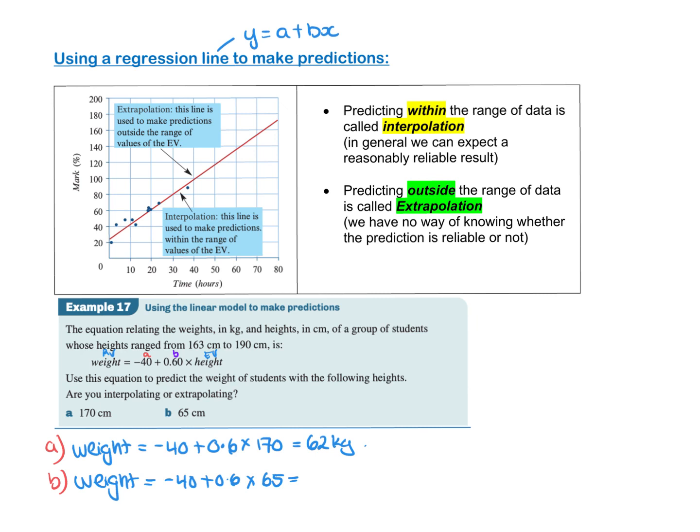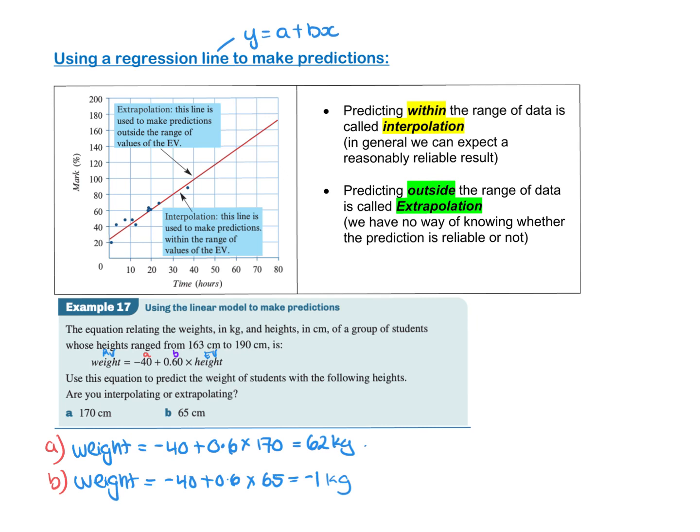We popped that in, and we got, oh, what did we get? Yeah, we got -1. So we're going to write -1 kilograms. Now, that does not make sense in terms of our data, does it? We don't have a negative.